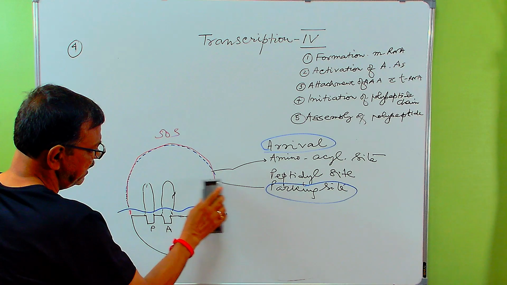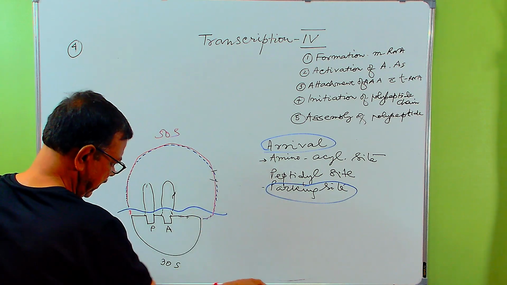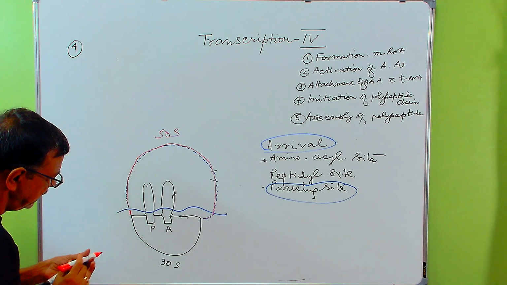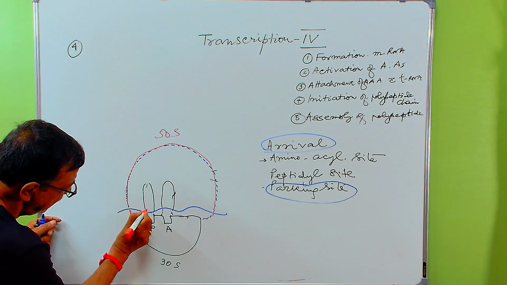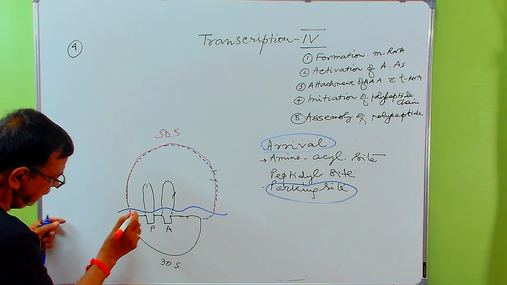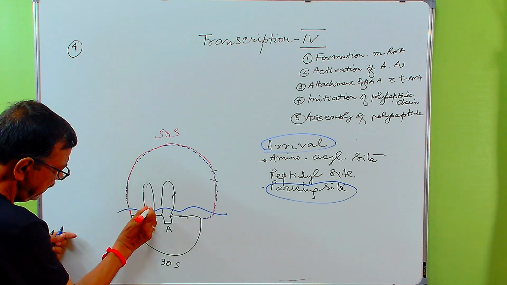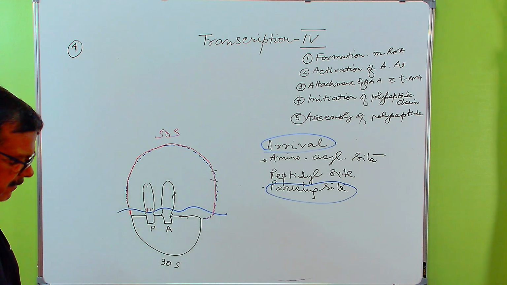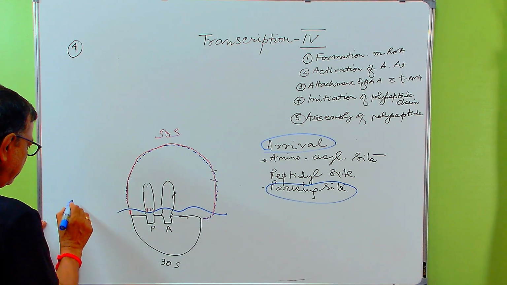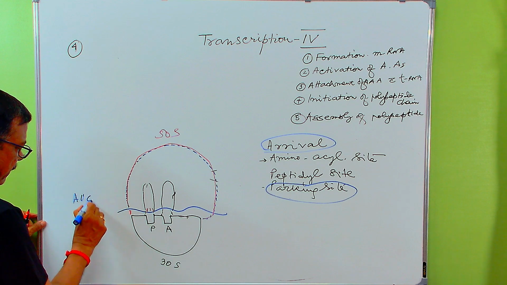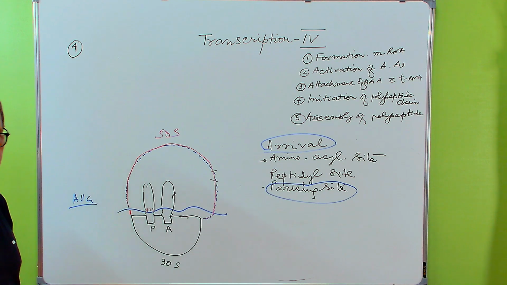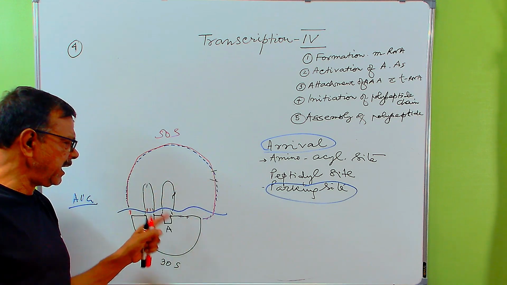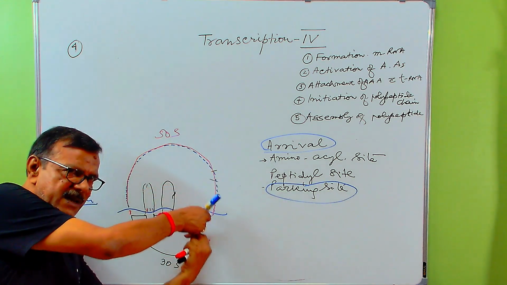The first amino acid is methionine. These have the codon AUG. So AUG will have the tRNA whenever it comes here.